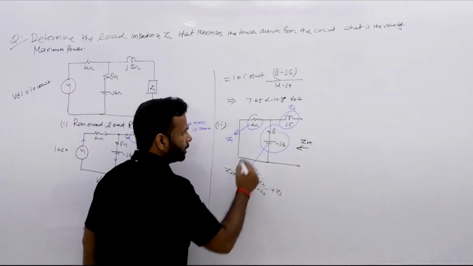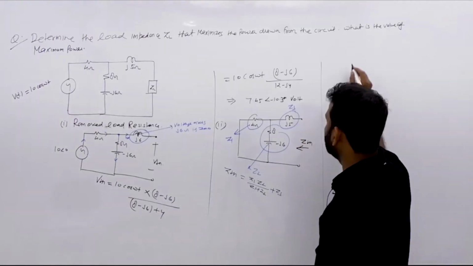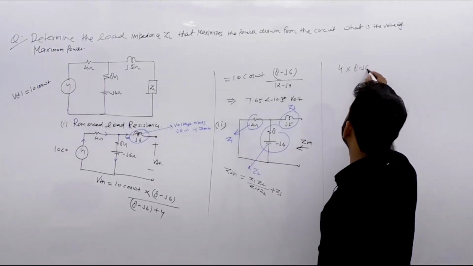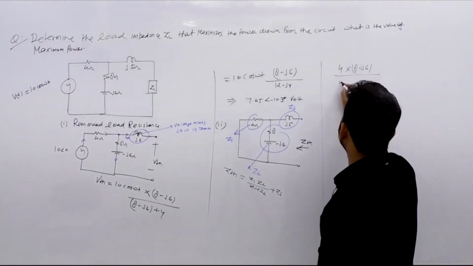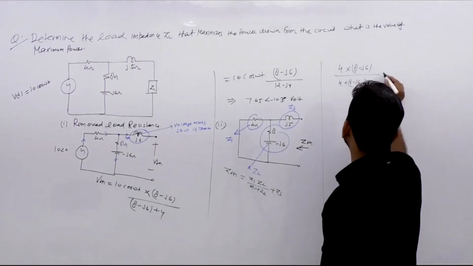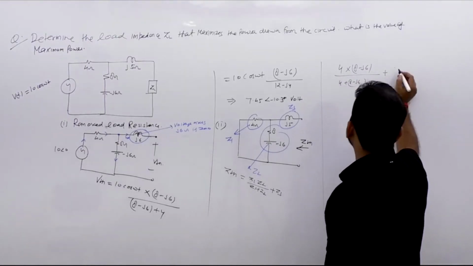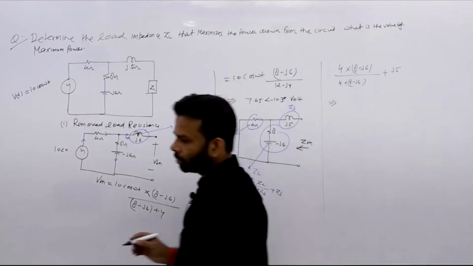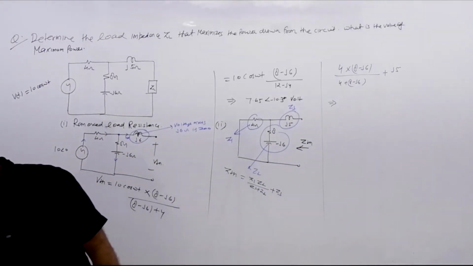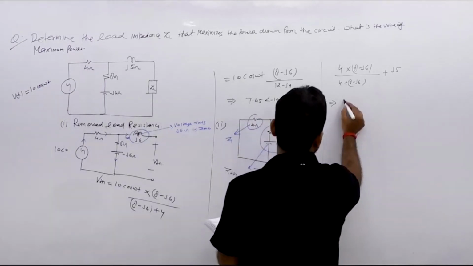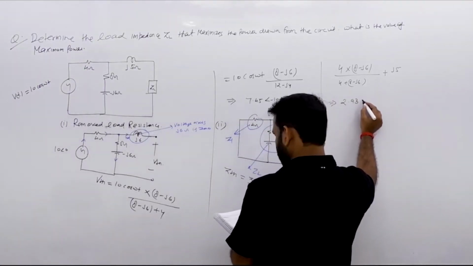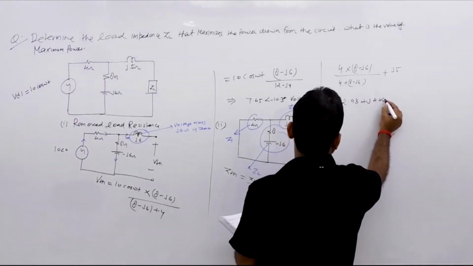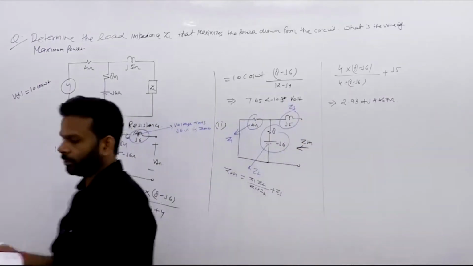Z1 is 4, Z2 is 8 minus j6, upon 4 plus 8 minus j6, in series with j5. If you solve this value, it comes out to 2.93 plus j4.467 ohm. So this is your ZTH now.